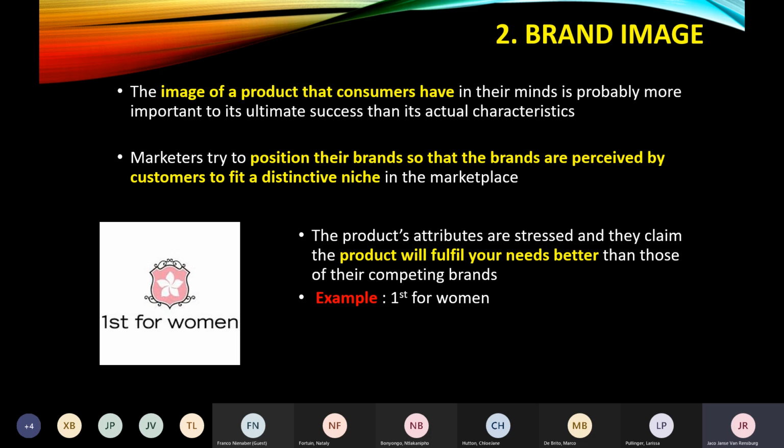It says First for Women. I can't phone First for Women and say, can you give me an insurance quote? They're going to say, unfortunately, you need to be female. It's actually quite clear in how their brand is positioned. It's First for Women only. So the brand image is extremely important.